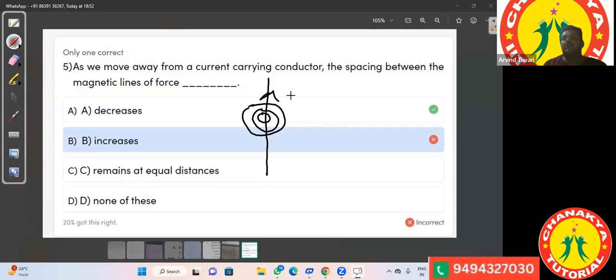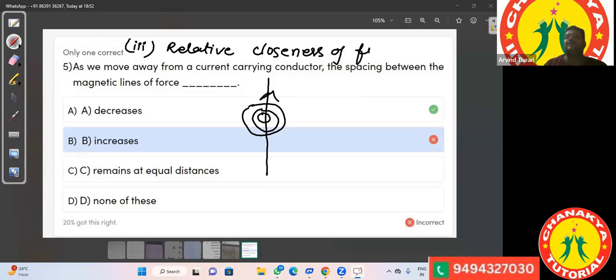Okay. If you study the third point of the magnetic field lines, where we studied the properties of the magnetic field lines, the third point tells that the relative closeness of field lines represents strength, right? Do you remember the third point?